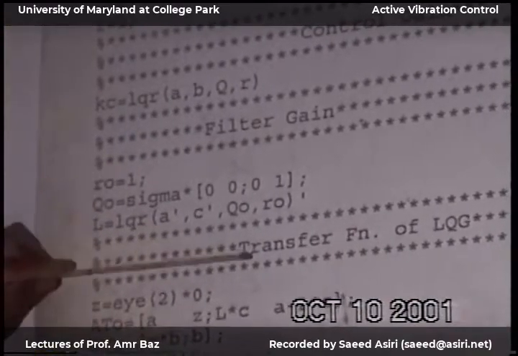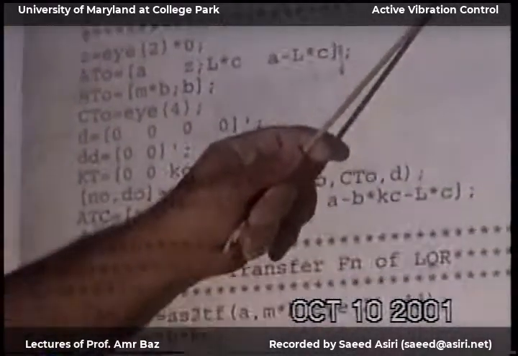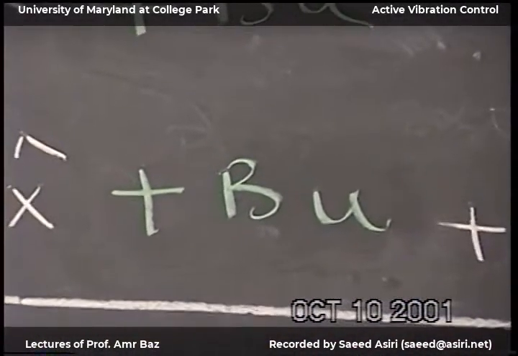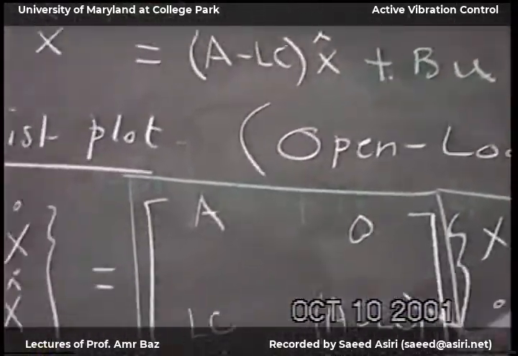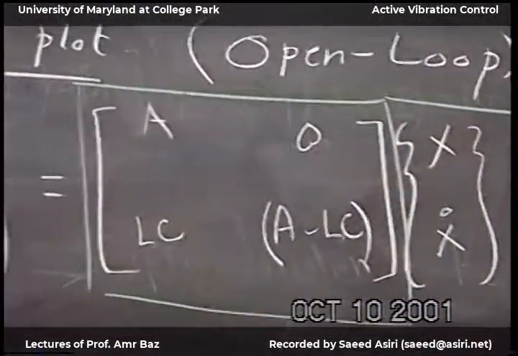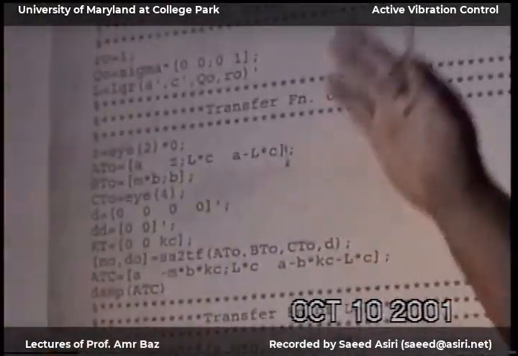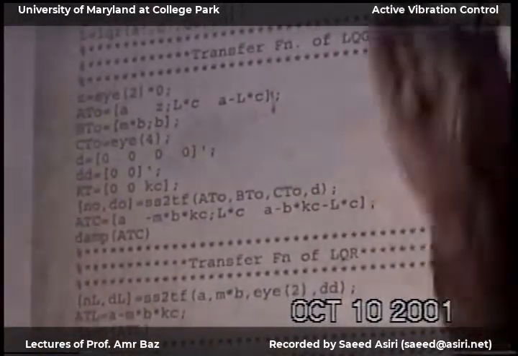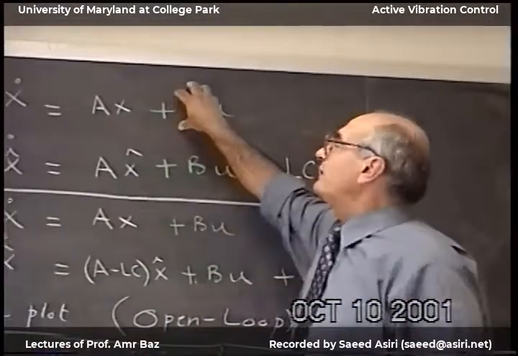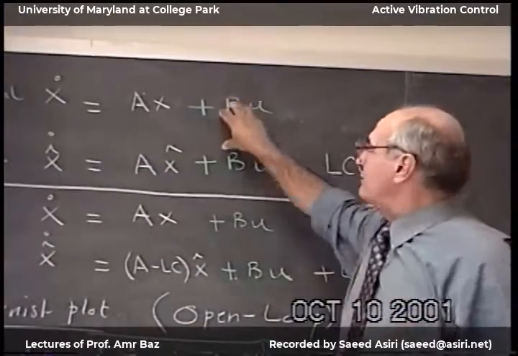Now I'm going to calculate the transfer function of the LQG. It's right here. A 0 LC A minus LC. So that's A 0 LC A minus LC. Now the B total, this I don't need it, but this B has error, but this B does not have error.